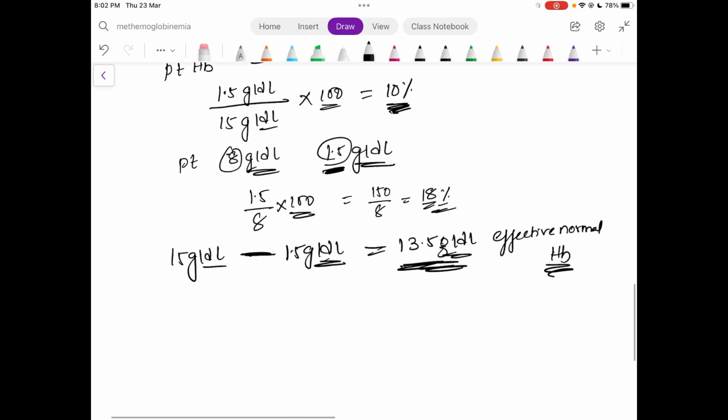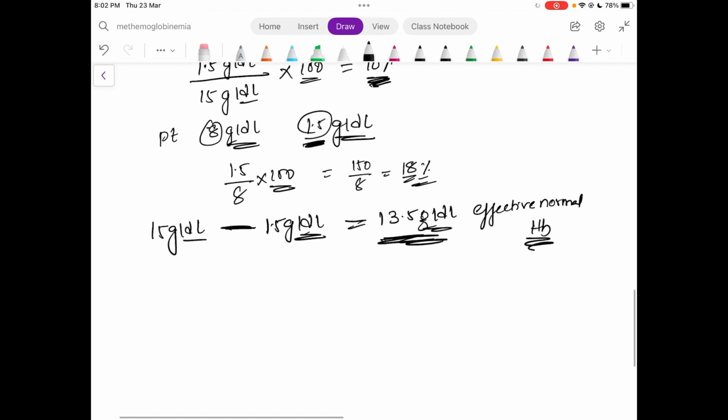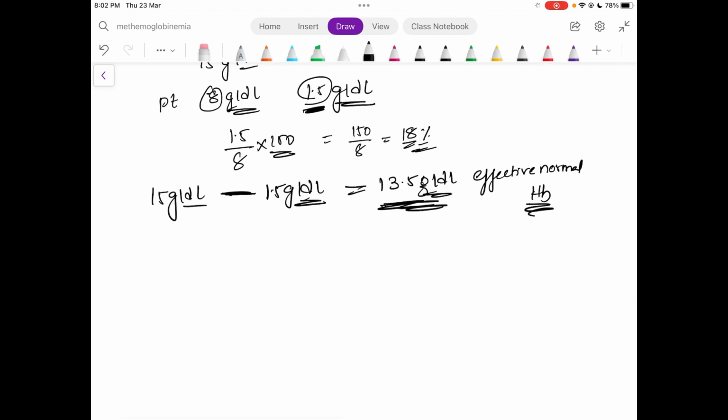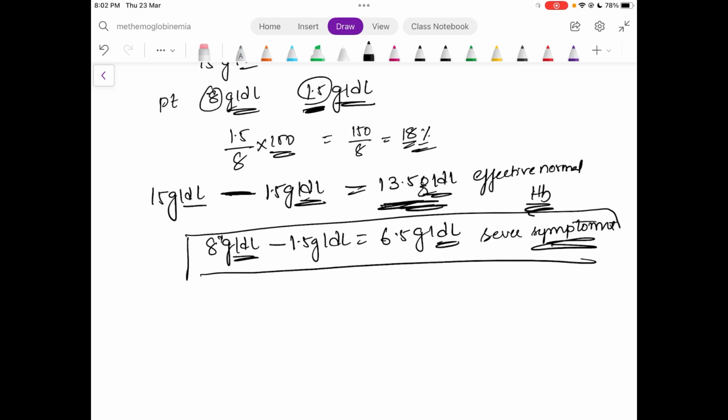With 10% methemoglobin, the patient doesn't have that many clinical manifestations. If you take the patient with 8 grams per deciliter minus 1.5, the effective hemoglobin will be 6.5 grams per deciliter, and the patient will have severe symptoms also. He will be in a critical condition. This person will be in a critical condition.